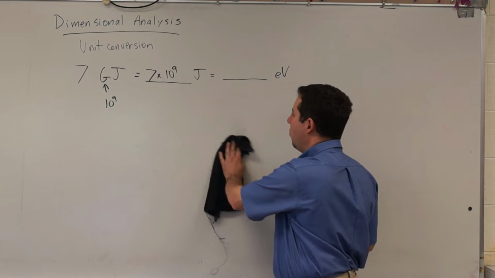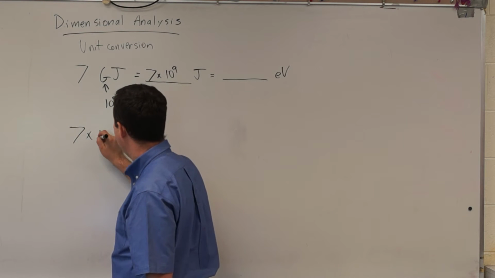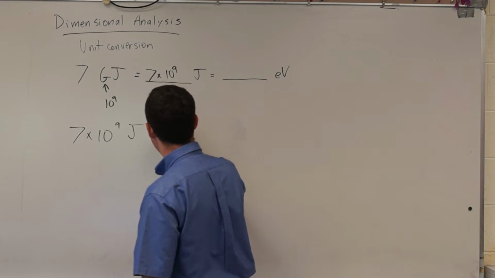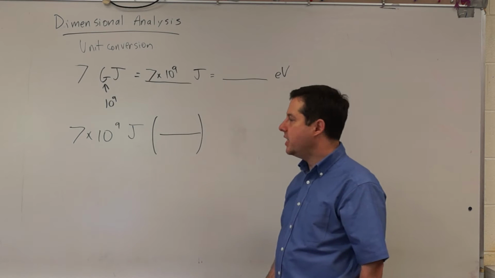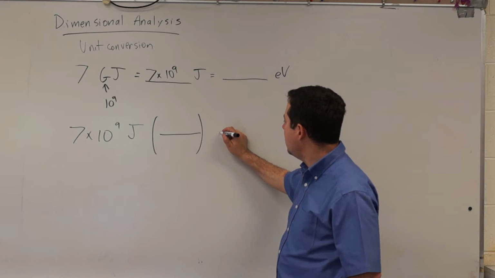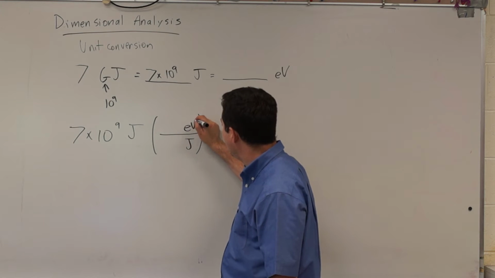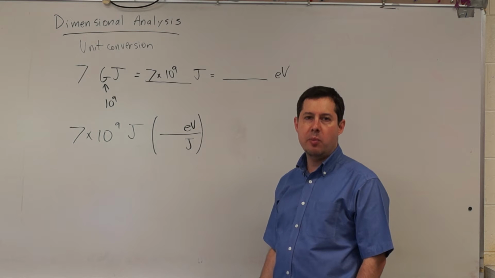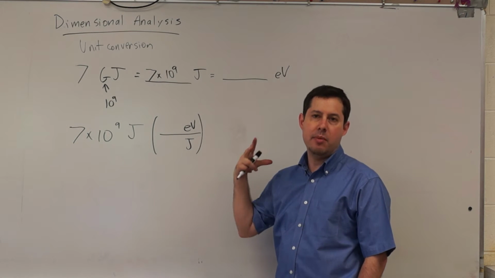And so what we'll do is we'll start with our base unit, 7 times 10 to the 9th joules. And we want to put something into the parentheses here that is going to change the units and get rid of that joules and change it into electron volts. And so keep in mind that whenever we multiply a number by the number 1, you get the same number.